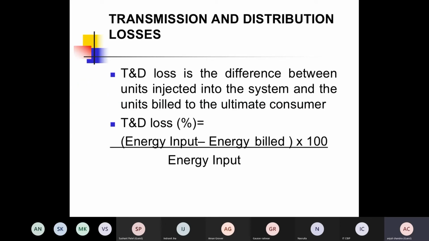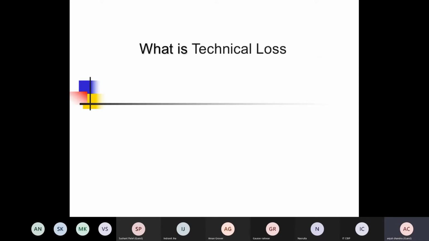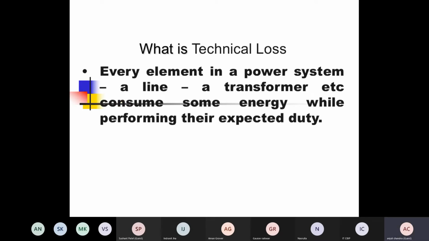So T&D loss consists of two portions. One is technical loss and one is commercial loss. So what is technical loss? As you said, every element in a power system, whether it is a line or a transformer, etc., consumes some energy while performing its expected duty.